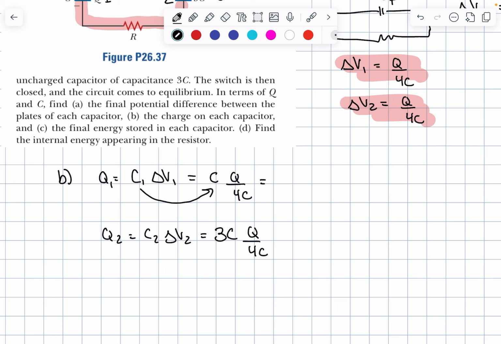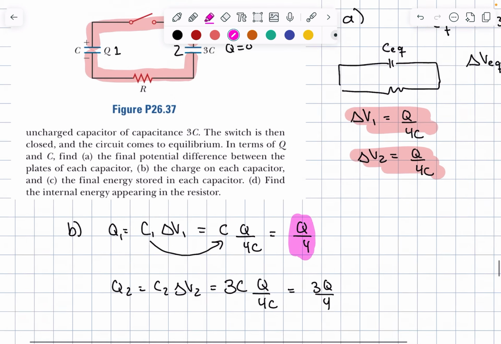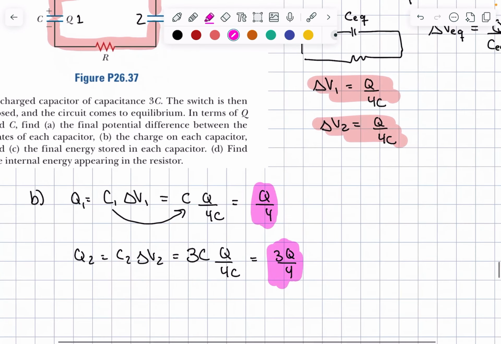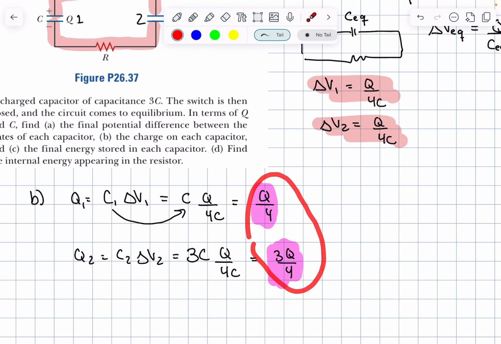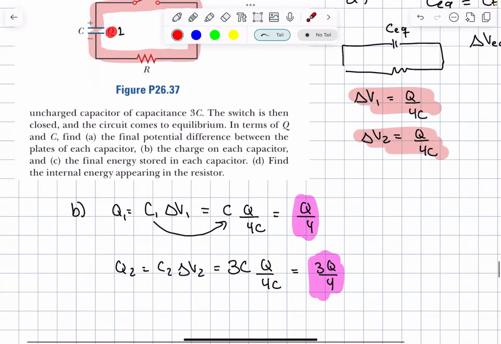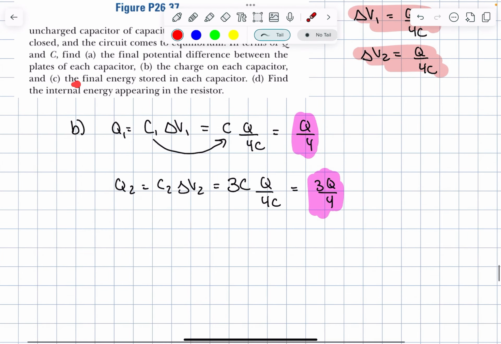And then if we simplify this down, we get Q over 4, 3Q over 4. So what we see is that there's 1/4 of the original charge on the first capacitor and 3/4 of the original charge on the second. If we add them up together, we get total charge Q, which makes sense because that's what we had originally here. Now, C says, what is the final energy stored on each capacitor?